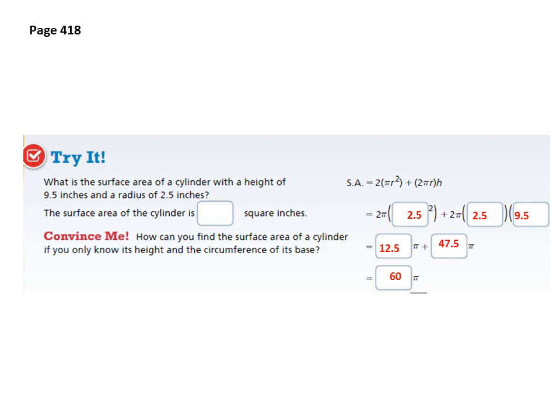Now, the final answer will be the sum of 12.5 pi plus 47.5 pi. Add 12.5 plus 47.5, it will be 60 pi. So the final answer is 60 pi.